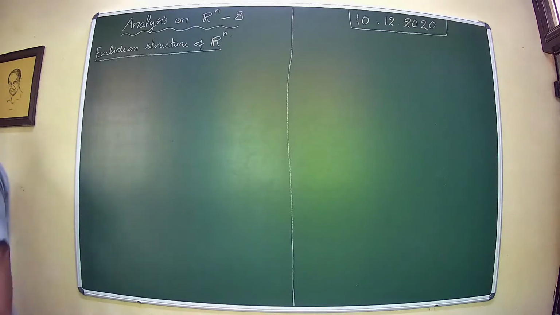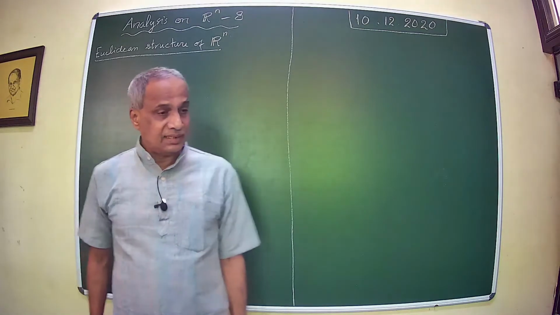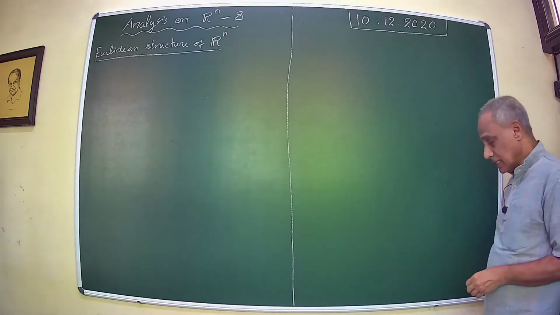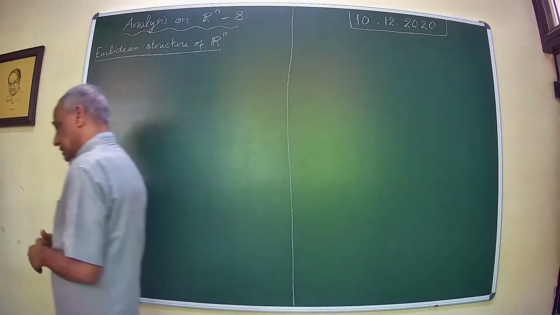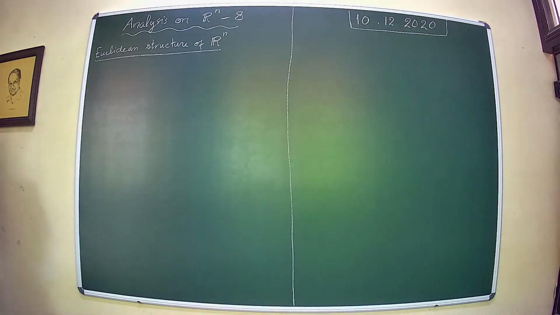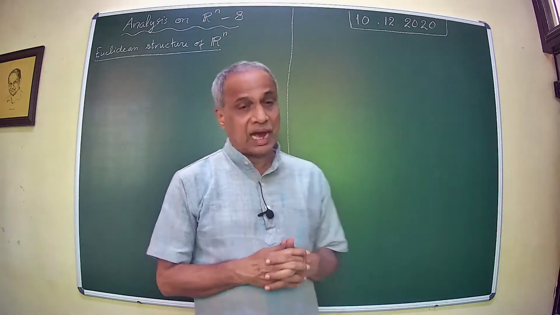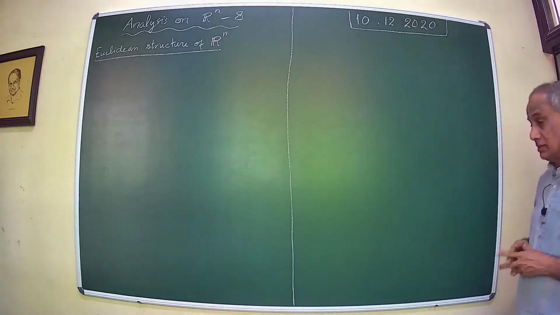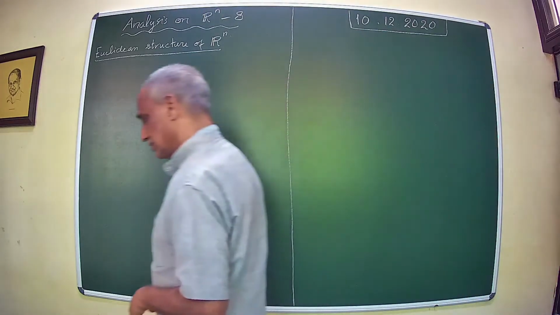We continue with our discussions on analysis on R. We were considering in the last few lectures the algebraic structure of R, that means Rn looked at as a linear space with the usual addition and scalar multiplication.